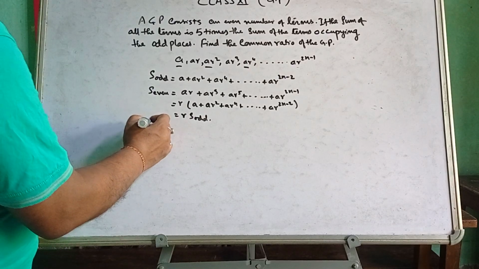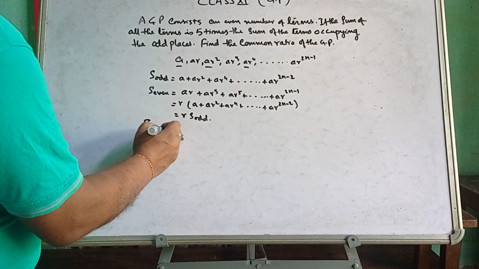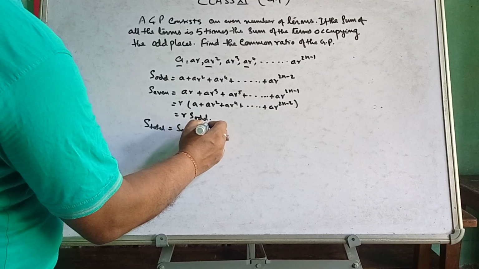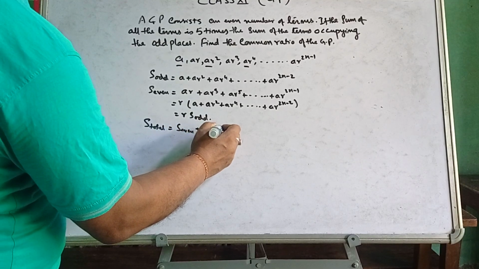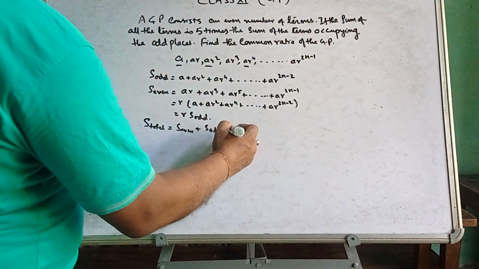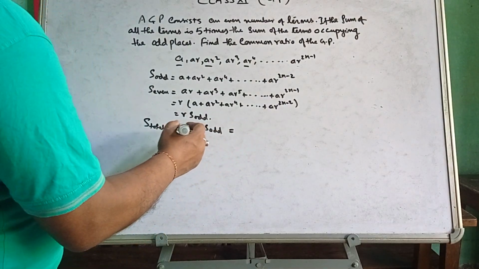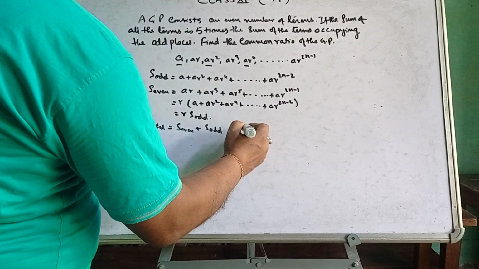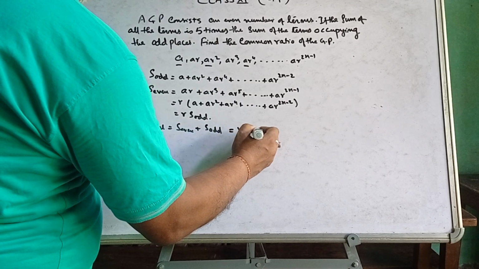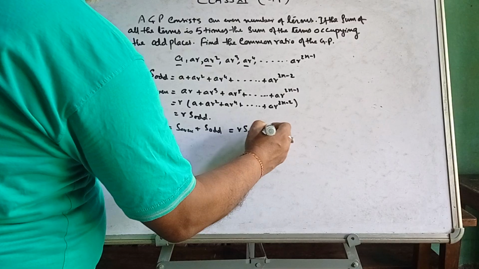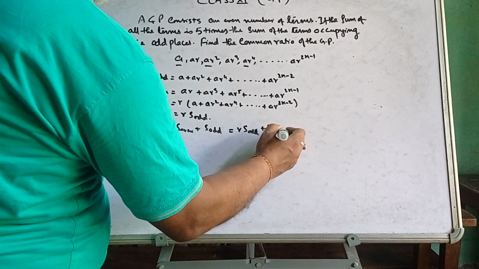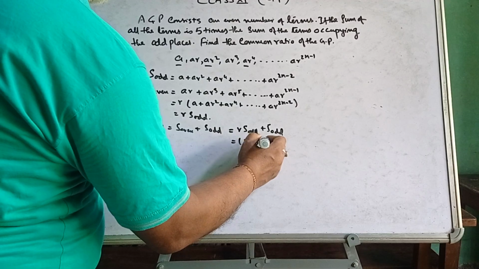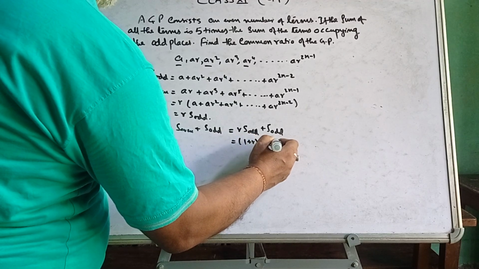Here you see that S total will be sum of even plus sum of odd. So here this will be S even, that is r times S odd, plus S odd. So (1 plus r) S odd.